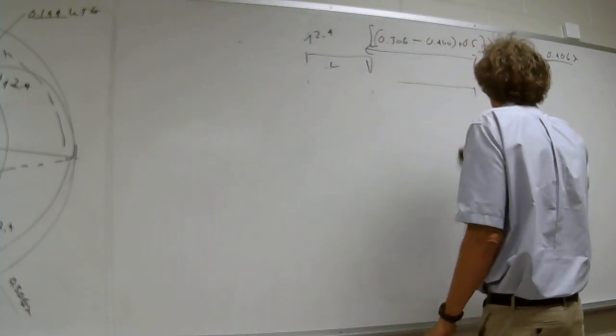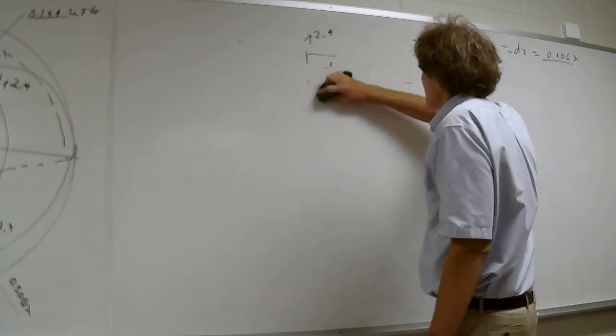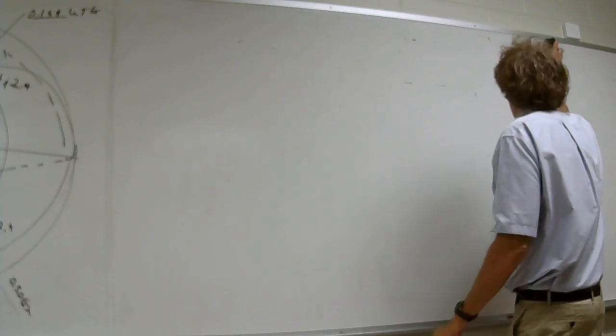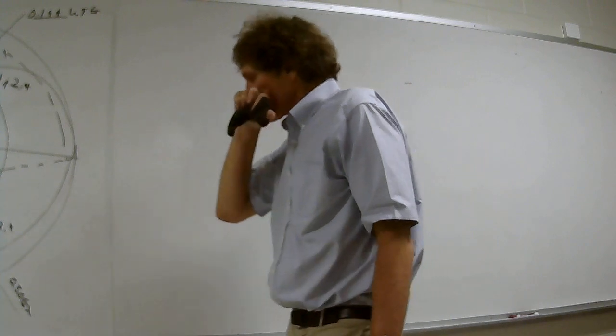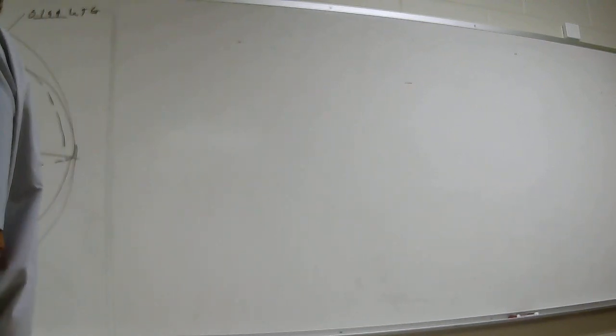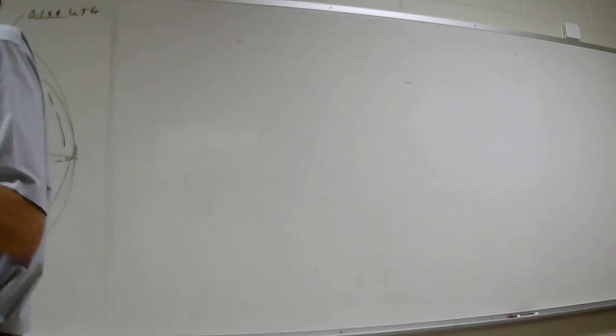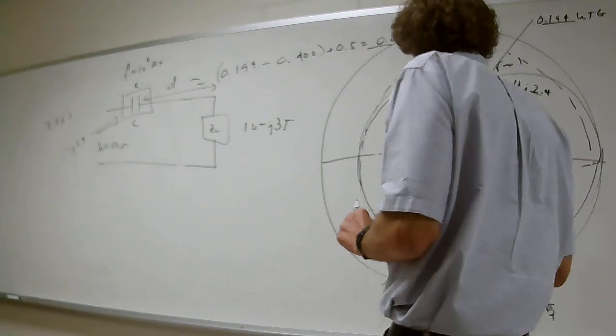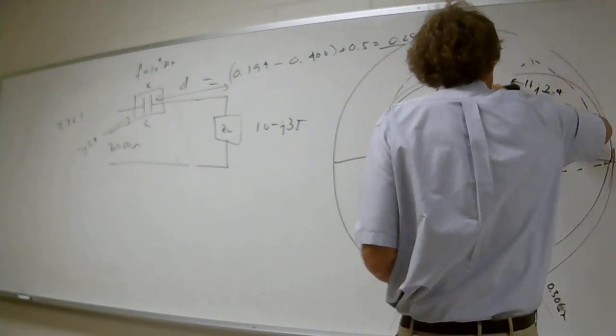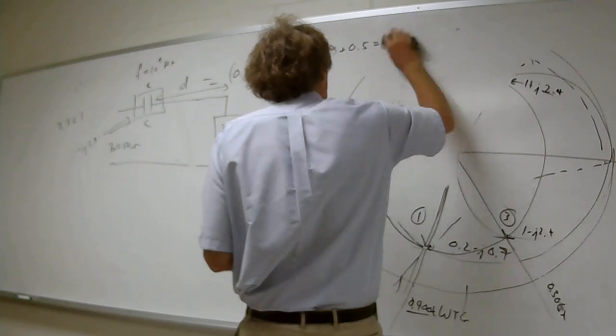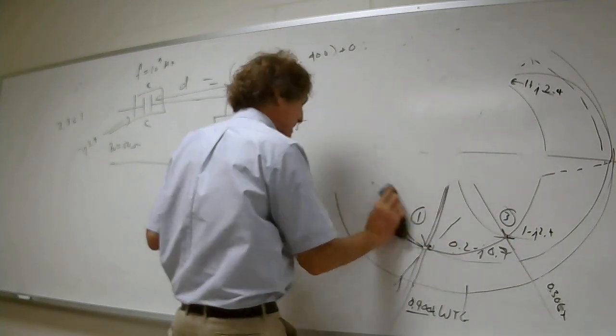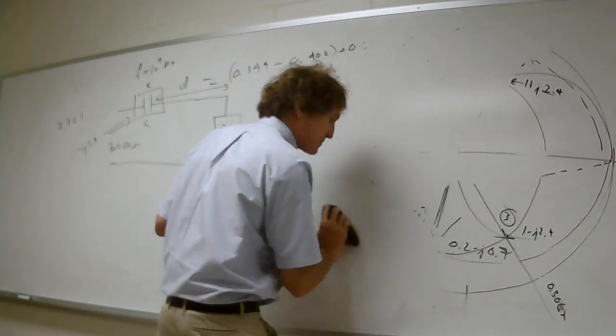I can't speak from a whole lot of experience with this. When we have transmission lines, we actually use the transmission lines shorted and open as stub tuners. But right now we're going to do solid elements. So you'll see the rest shortly.